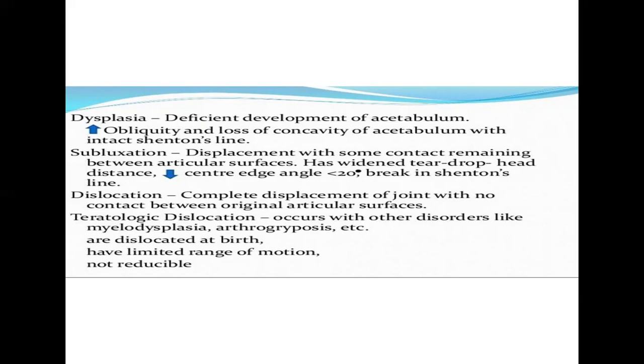Dislocation: complete displacement of the joint with no contact between the original articular surfaces. Teratological dislocation occurs with other disorders like myelodysplasia and arthrogryposis, is dislocated at birth, has limited range of motion, and is not reducible.